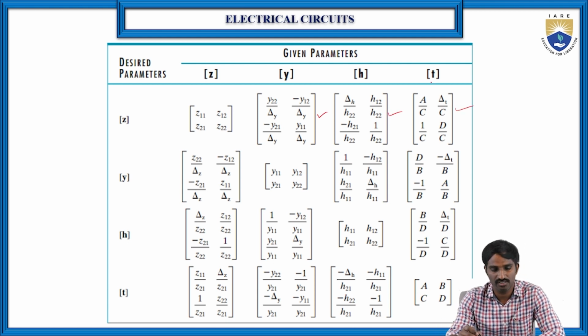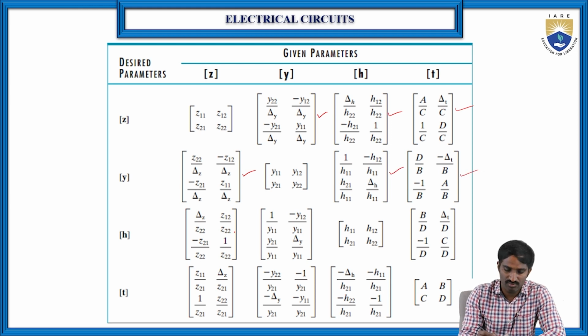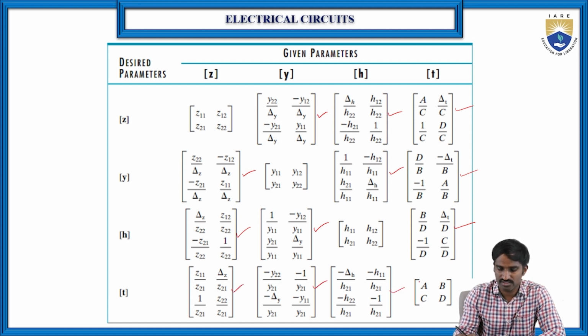T means the ABCD parameters, and the ABCD parameters are also called transmission parameters, so that's why they have represented it with a T, right? Then in the same way Y and Z, Y and H, and Y and T. Similarly H and Z, H and Y, and H and T, and T and Z, T and Y, and T and H.